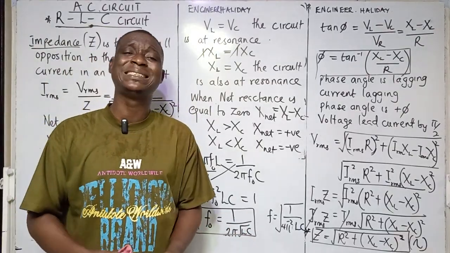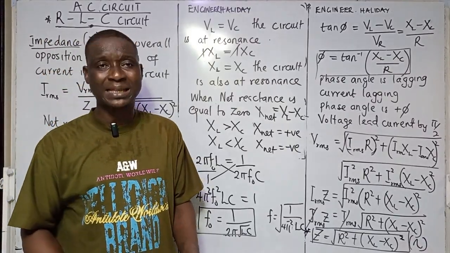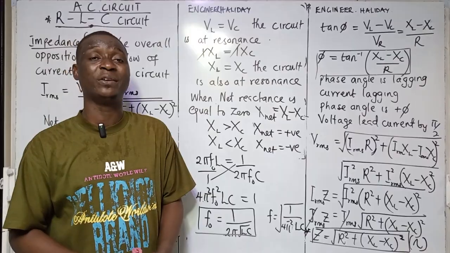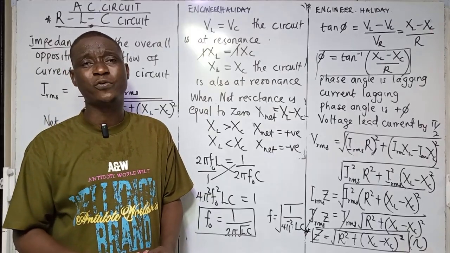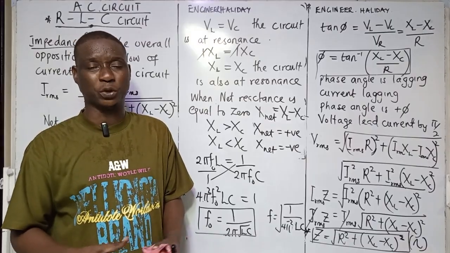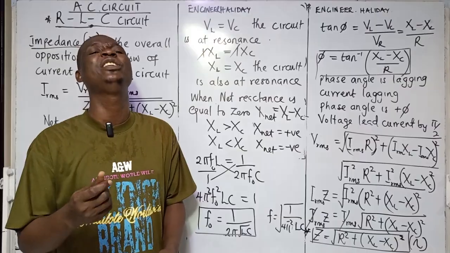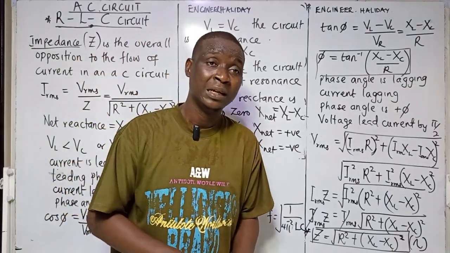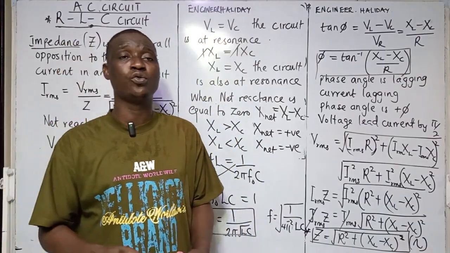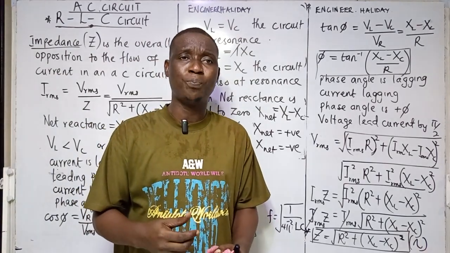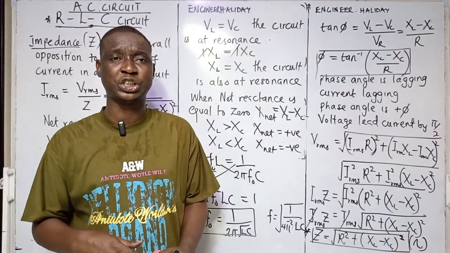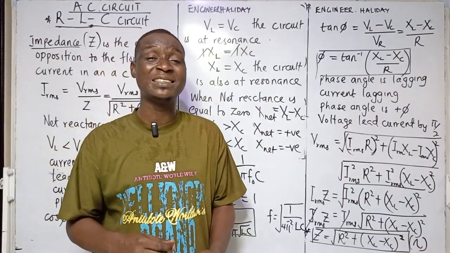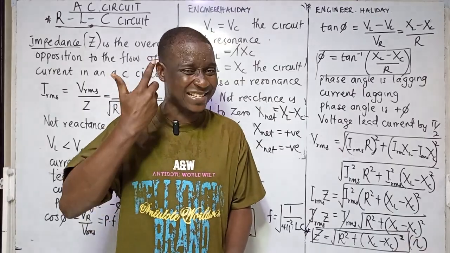What is the importance of resonance frequency? When you are tuning your radio, it can be used for better selection, for example, in tuning to a particular station. When you are tuning to a particular station, you hear something like shh. That shh you hear is resistance.